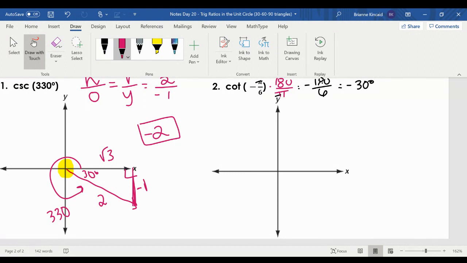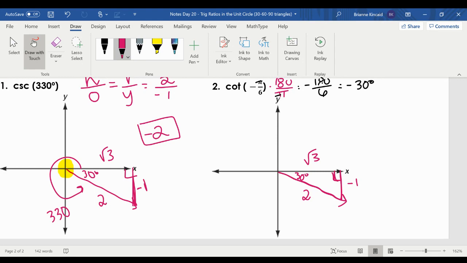Now, -30 degrees is actually the same as a positive 330 degree angle. So I have a right angle here and a reference angle of 30 degrees. Across from the 30 is 1, across from the 60 is radical 3, and the hypotenuse is 2. As always, we want to check our signs. I've moved down, which means the 1 needs to be a negative.